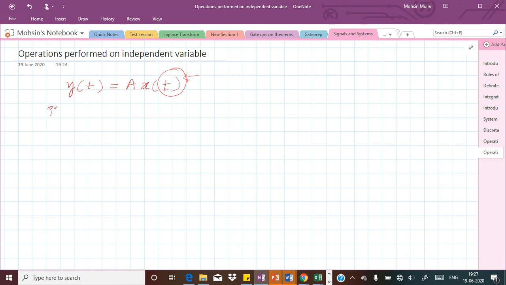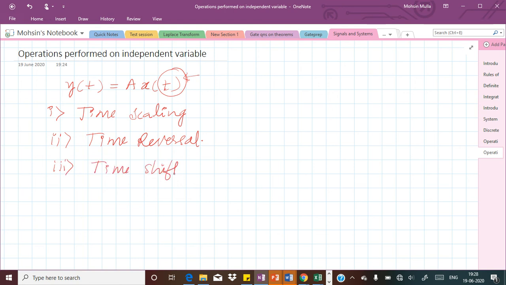The first operation that can be performed is called time scaling. The second operation is called time reversal. And the third operation is called time shift, or time shifting operation.